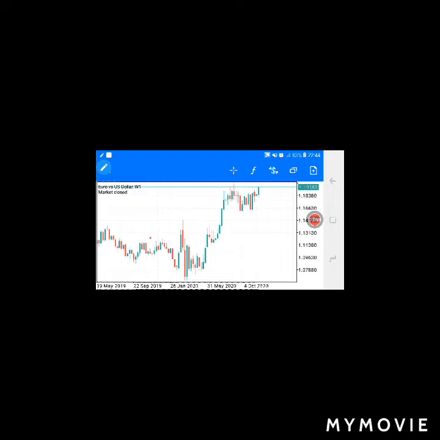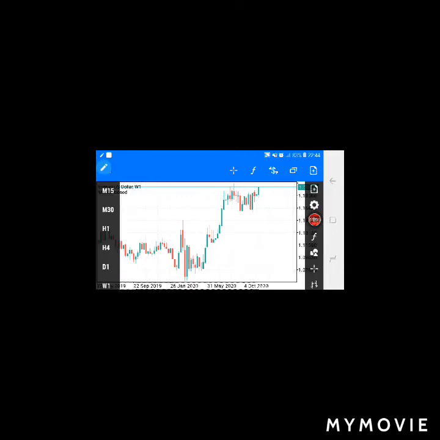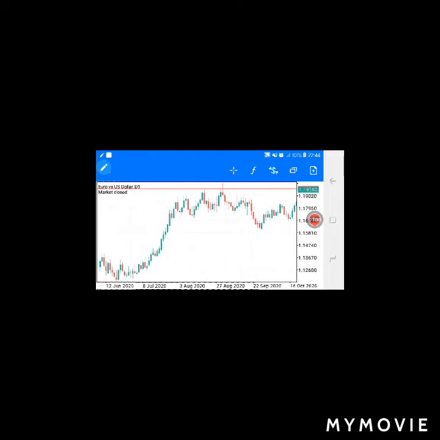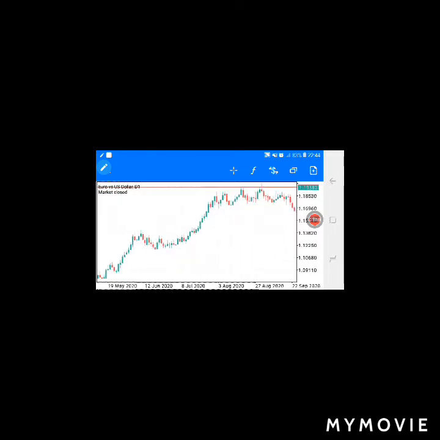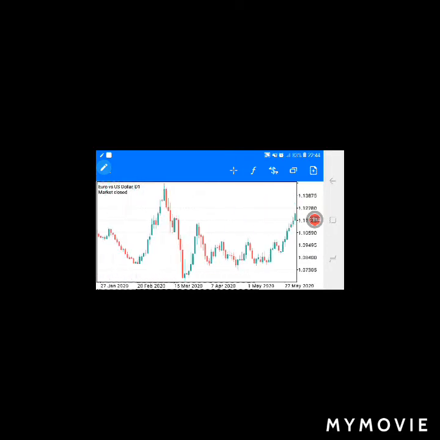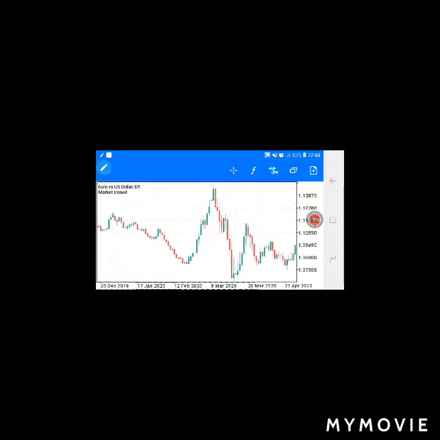So I'm going to a daily time frame so that I can explain this in a very simple way. As you can see, I'm going to the beginning of the trend. All along, what you must focus on, I'm sure you all know, is the retracement.